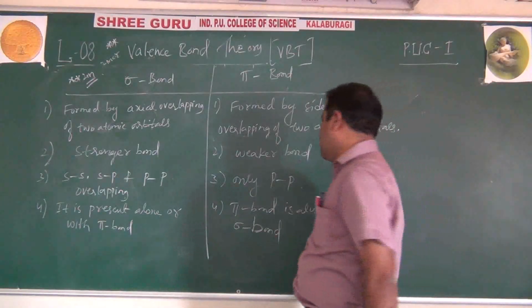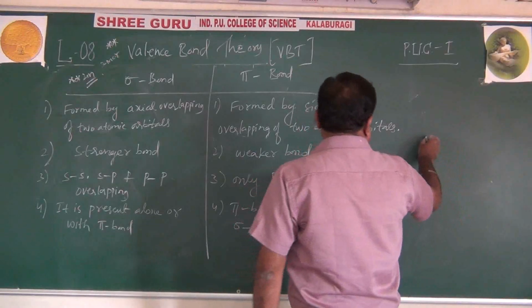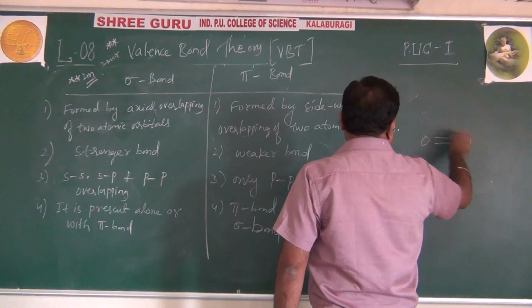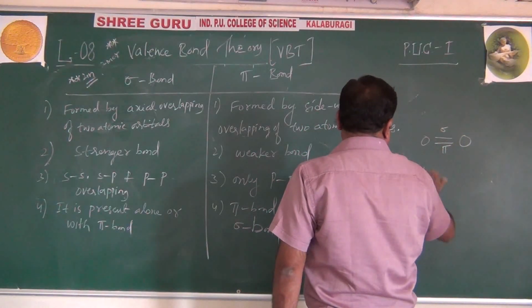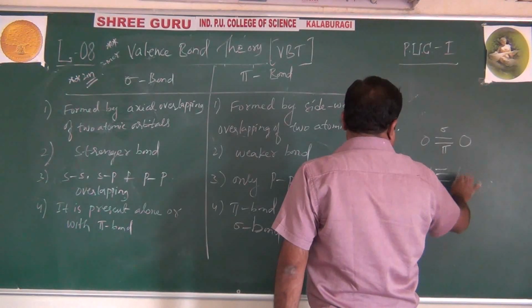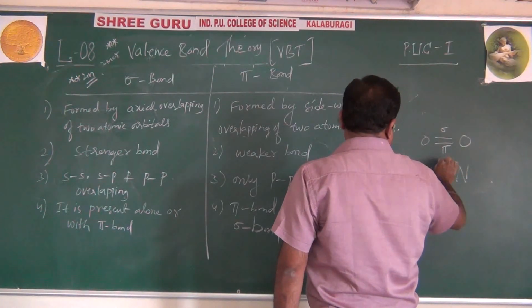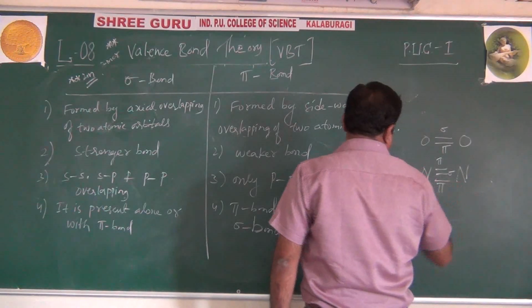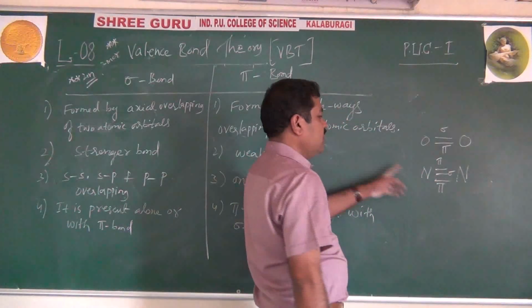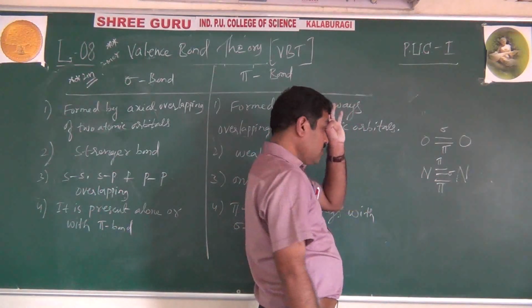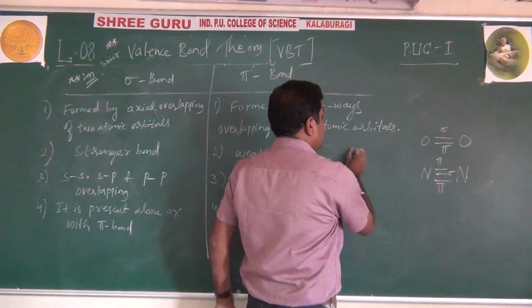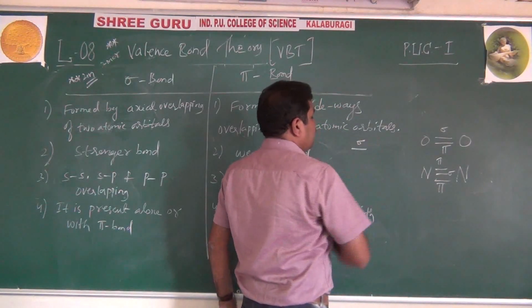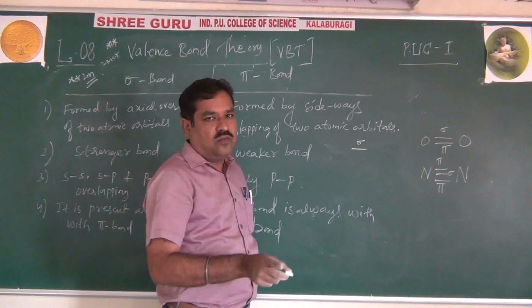Please remember, for theory purpose, in oxygen, in double bond, 1 sigma, 1 pi. Nitrogen, please remember students, 1 sigma, 2 pi. Sigma in the middle, pi above the plane, 1 below the plane. Remember always, in alkane, if it is a single bond, definitely sigma.